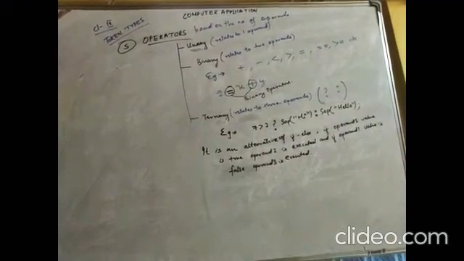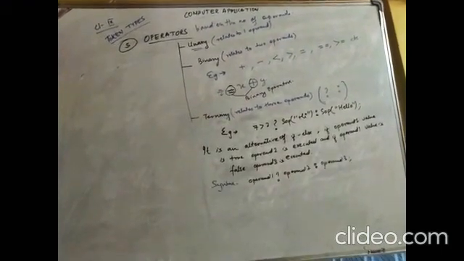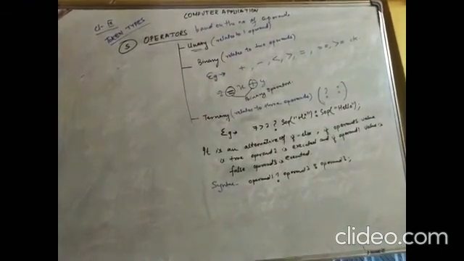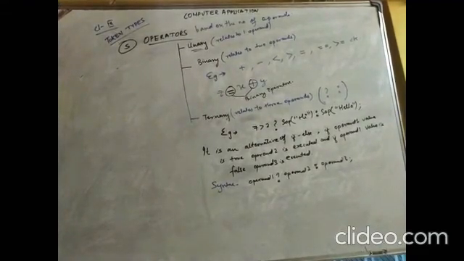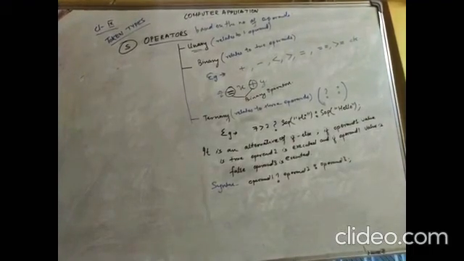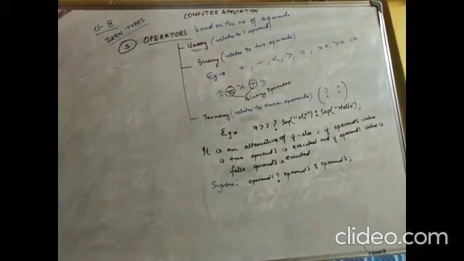The syntax, or the grammar of writing a ternary operator, is operand 1, question mark, operand 2, colon, operand 3. This is the syntax. Now relate it with the example. Who is operand 1? 7 greater than 2 is your operand 1. System.out.print hi is your operand 2. And System.out.print hello is your operand 3.